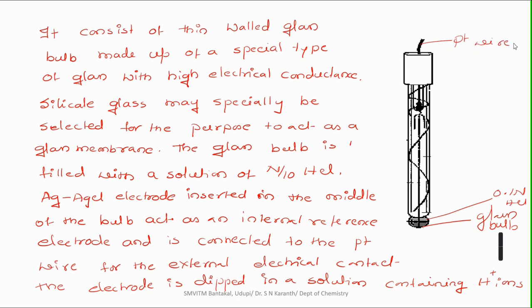Okay. And the electrode is usually dipped in a solution containing H plus ion of different concentration, other than 0.1 normal. That's why this one is called the analyte solution.